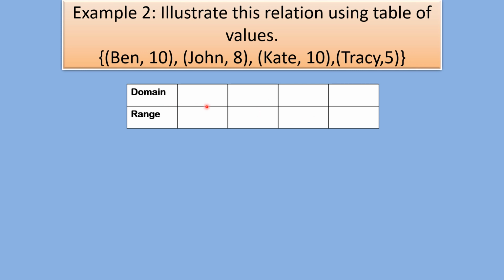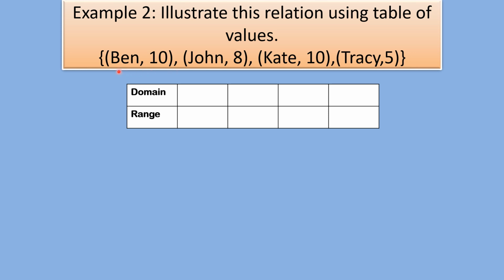Isn't it that the domain is the set of all values of x, right? How about the range? The range naman kasi is the set of all values of y. Therefore, we will write the values of y here. Okay? So, of course, since we have here 4 elements of our relation, Ben 10, John 8, Kate 10, and Tracy 5.